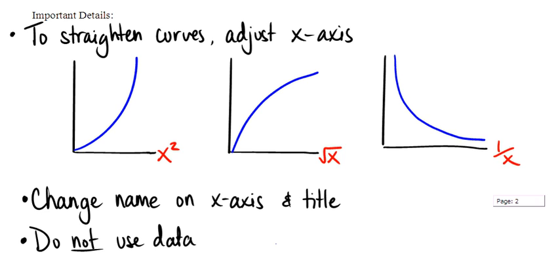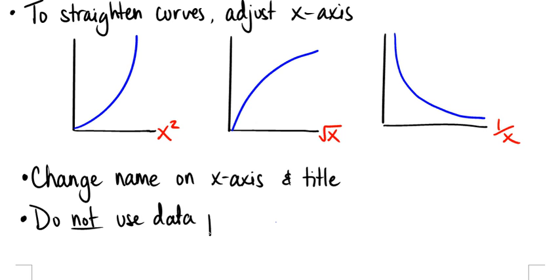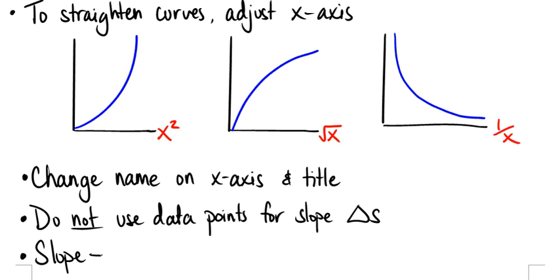Go and use the line itself, not the data points. And when you're doing your slope, this is probably the number 1 thing students forget. We want to go 2 or 3 sig figs. If you don't have uncertainty, that's what we're going to say. Go 2 or 3 sig figs.